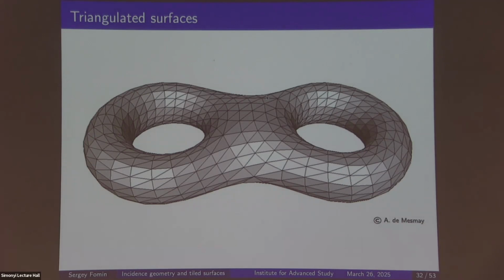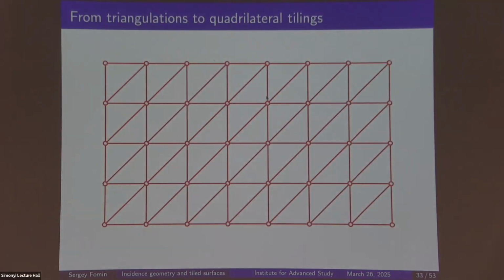So there is another version of this theorem which uses triangulations instead of quadrangulations. If I have a triangulated surface, in this case a torus, right? This is a rectangle whose opposite sides can be glued. I can take each of these triangles and split it in the way that I've shown.